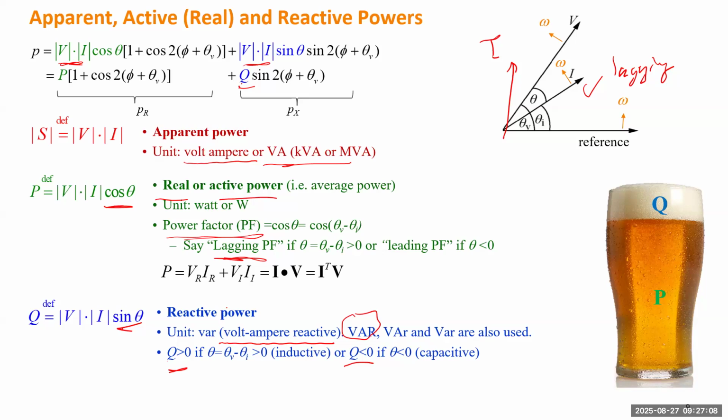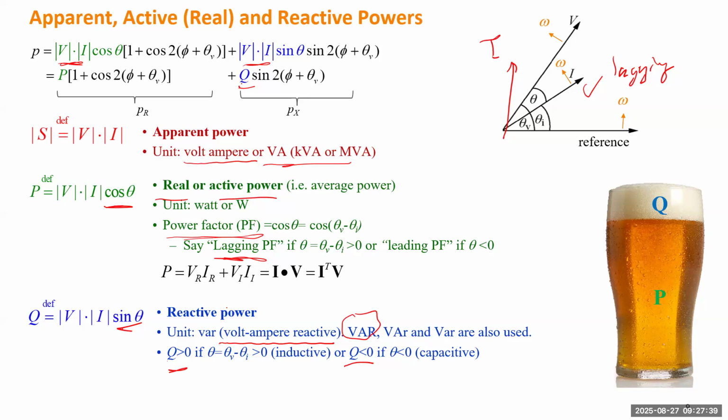So P is actually just I dot V, which is the inner product of the current and voltage vectors. When you have two vectors and calculate the inner product, that actually only cares about the angle, right? If the angle is 0, in parallel, that's the maximal inner product. So active power is really the inner product between the voltage and current vectors.